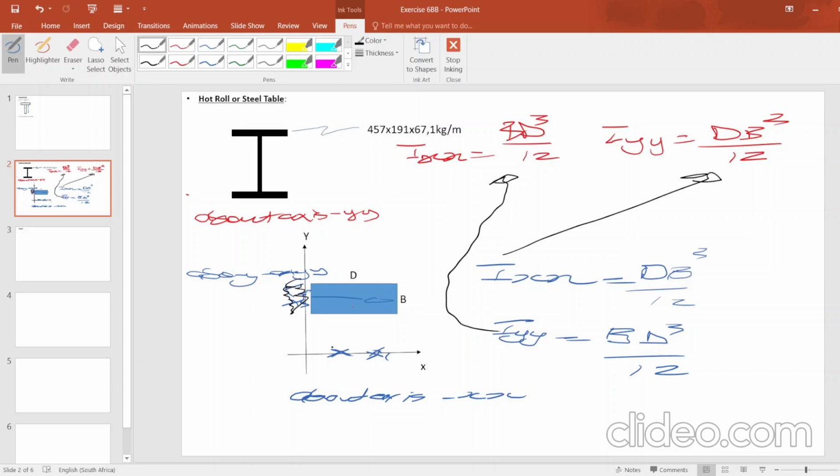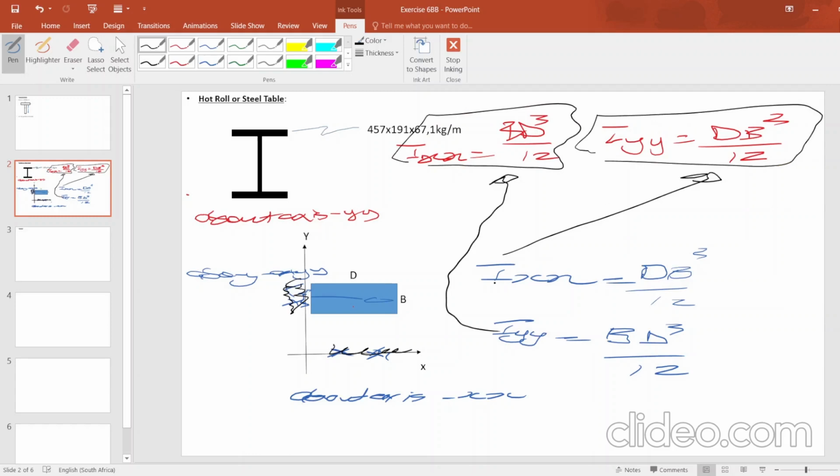Then the weak side of this beam is here. Why? Because in the first format, we said it is the strongest side of your beam. Then this is the weak side of your beam. Now the weak side of your beam is the same as the Ixx in this position. Can you see that?